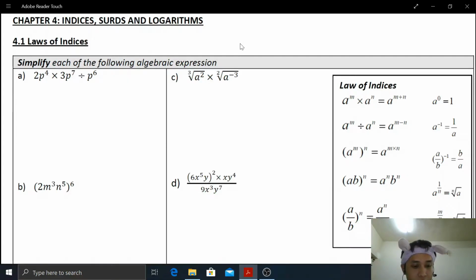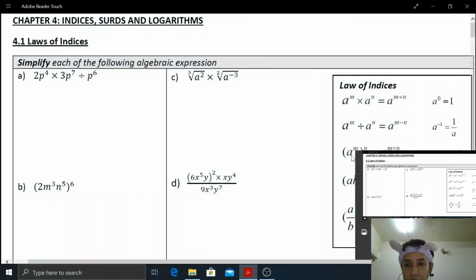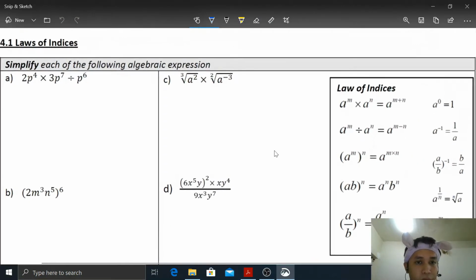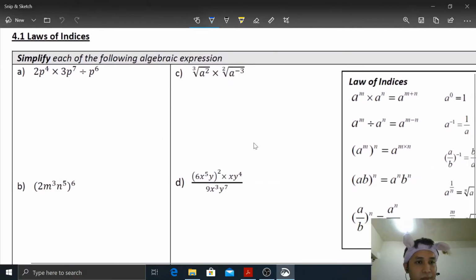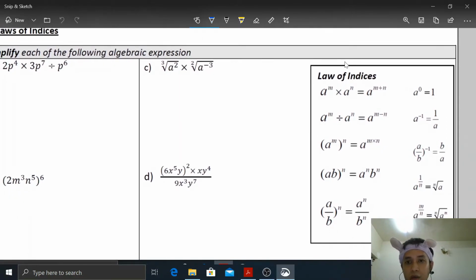As you can see here, law of indices. First things first, I need you to understand this.